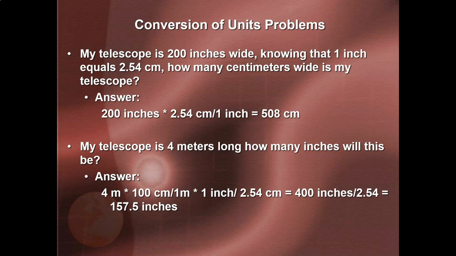So sometimes you might have one step only when you're doing conversions. Other times you might have to do a couple of steps. So 4 meters times 100 centimeters over 1 meter times 1 inch over 2.54 centimeters. That will give you 157.5 inches.